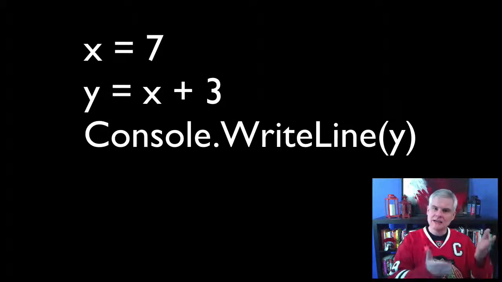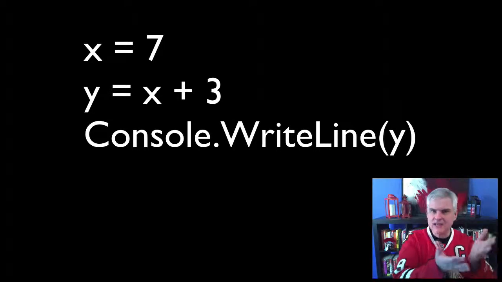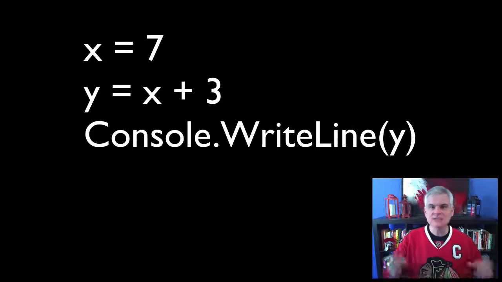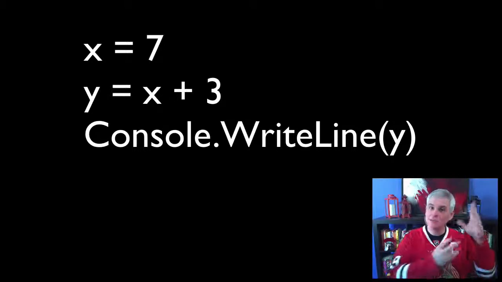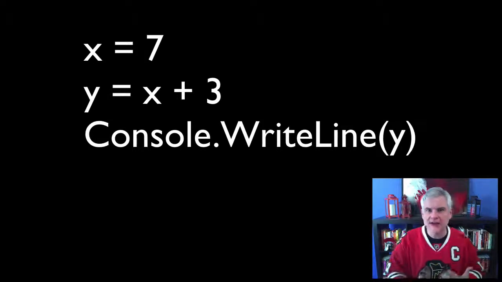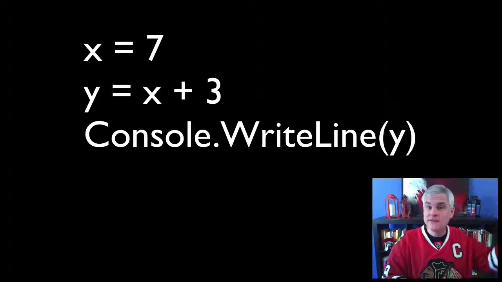First of all, in this context, x and y are called variables. And a variable is simply a bucket in the computer's memory that will hold or contain a value. You can put stuff into the bucket, you can read things out of the bucket, or rather out of the variable.